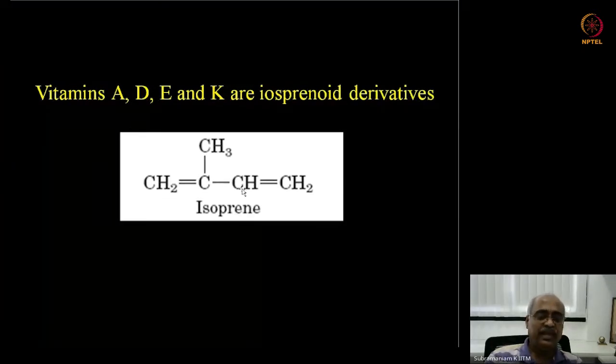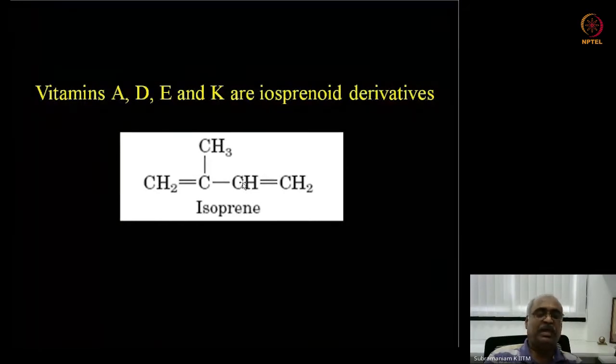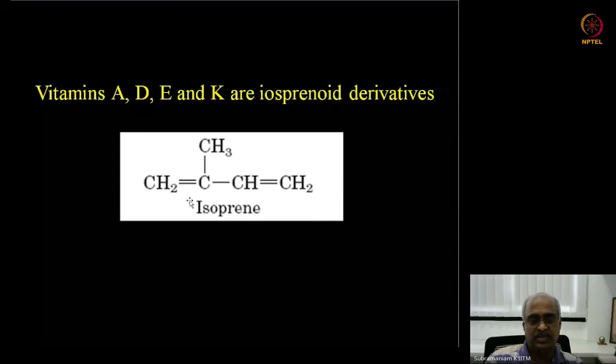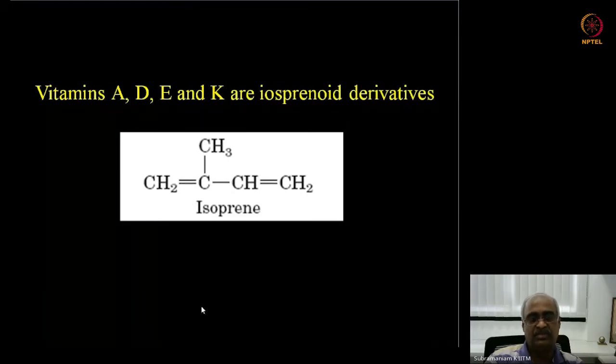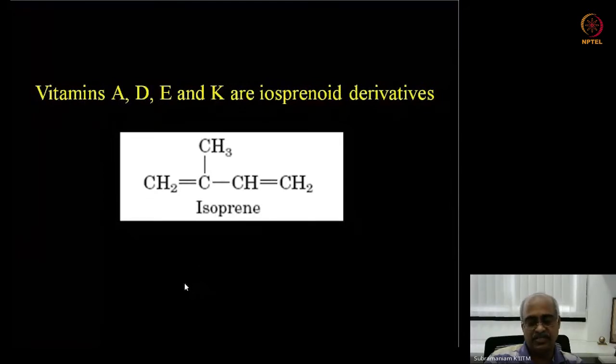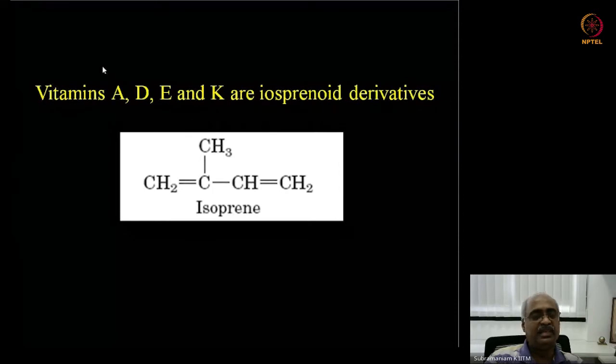So this isoprene repeats multiple times in multiple manners. It's not that they always have the double bond. Sometimes these are saturated, as you will see when we look at these four structures. And then they have other aromatic rings attached to these repeat units. We'll see each one of them as we go.